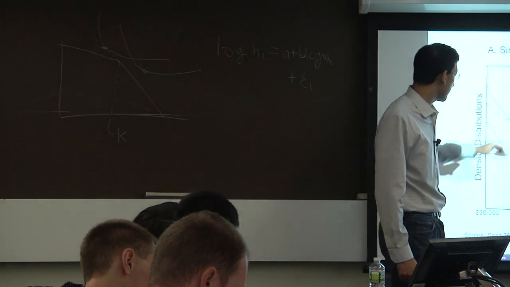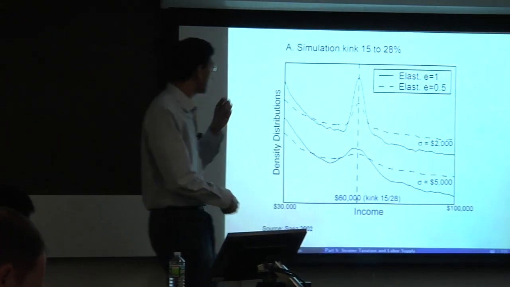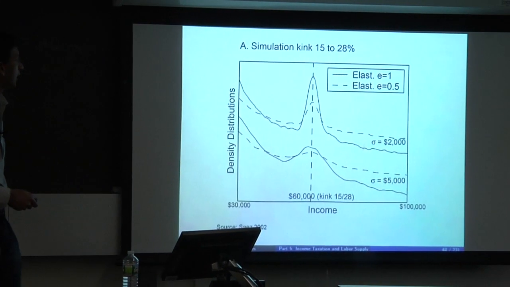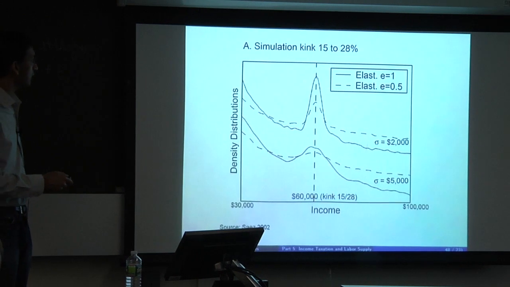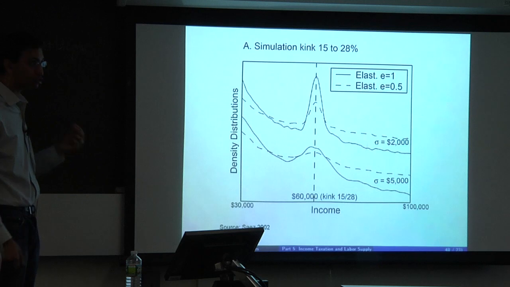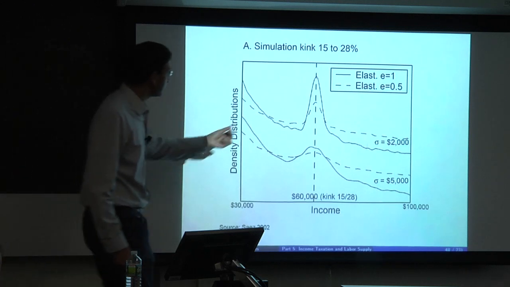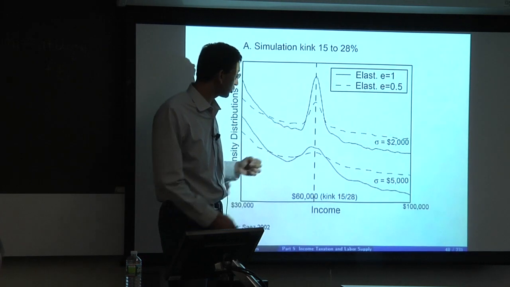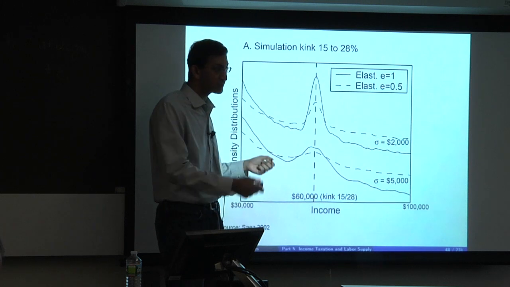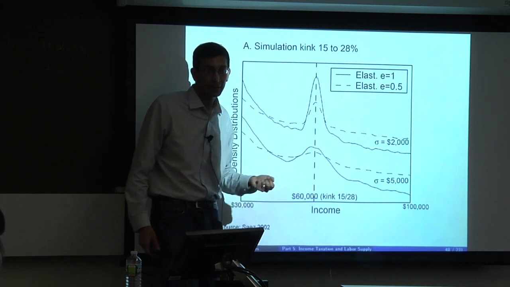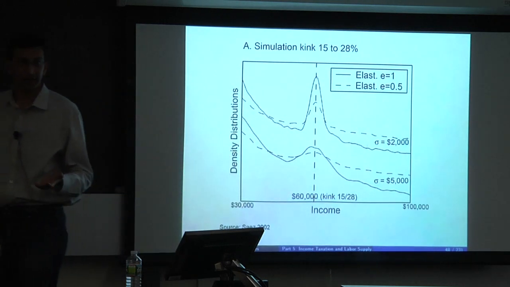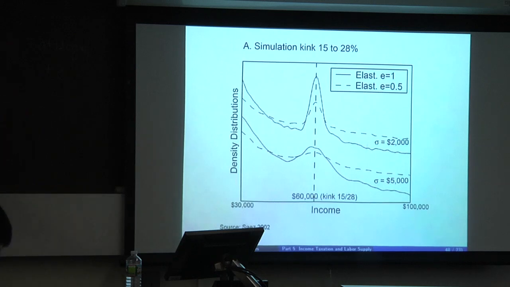That's shown by this diagram here from a simulation in Emmanuel's paper, where he's looking at the kink from 15 to 28%. For two different levels of the true elasticity, he's simulating what the distribution would look like if we had shocks to income of different amounts. The way he calibrates the shocks to income is to match the year-to-year fluctuation that we see in income for people in practice.